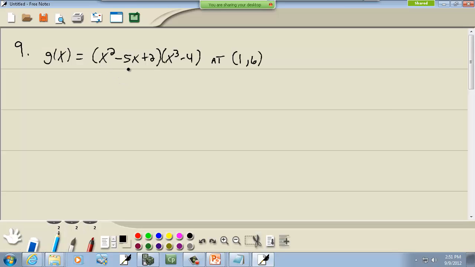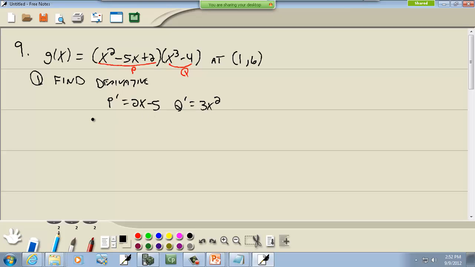Okay, well, we have to find a derivative for the equation of the tangent line. Because remember, our first step is to find our derivative. Well, this is the product rule. This will be P, and this will be Q. So P prime would equal 2x minus 5. Q prime would equal 3x squared.